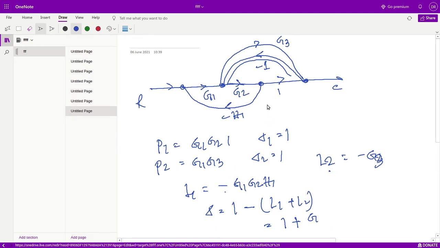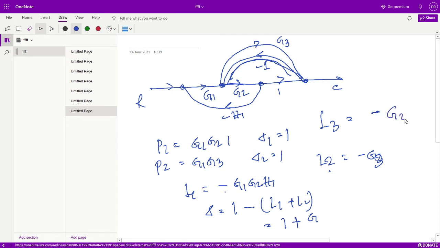Right, and there is another loop present in this problem, because L3 is also present. So what is the value of L3?